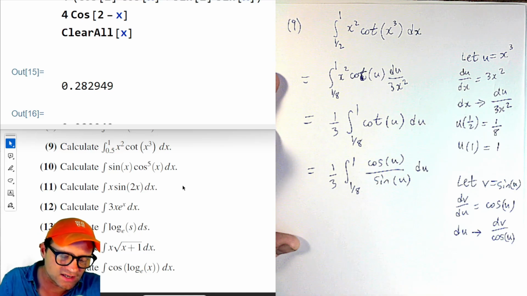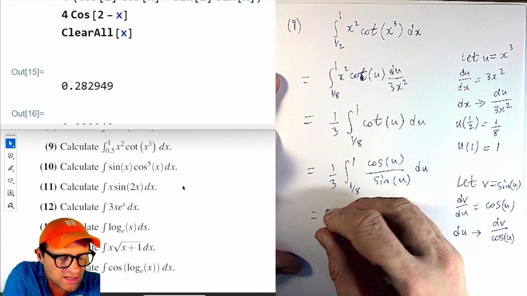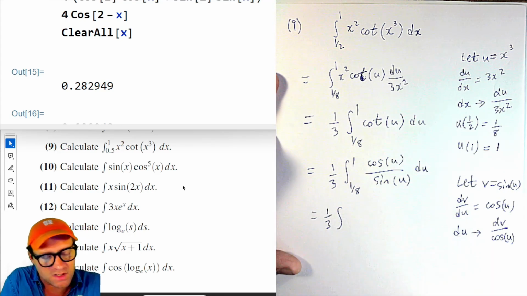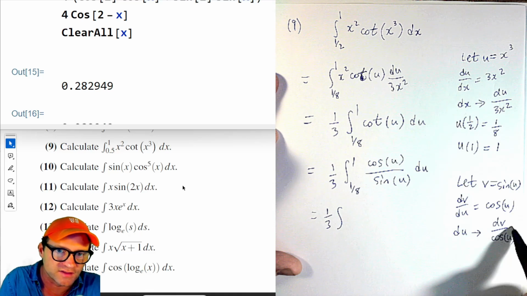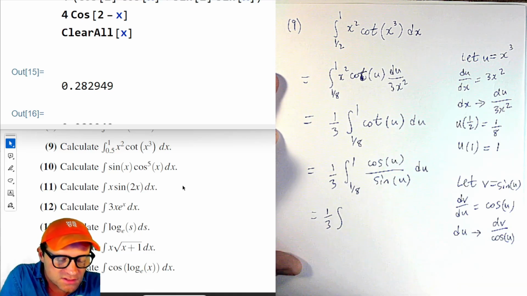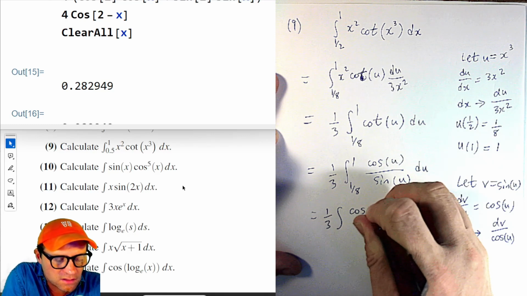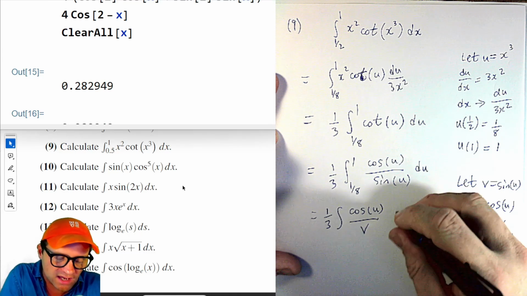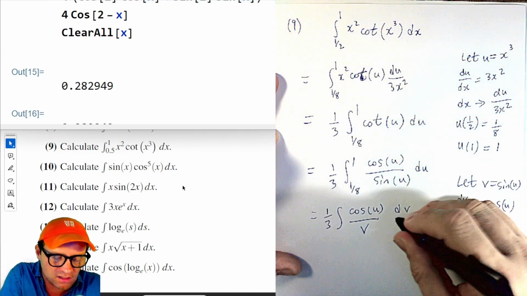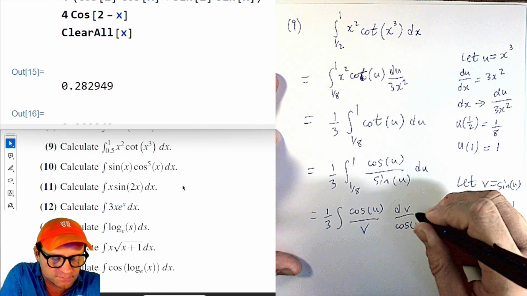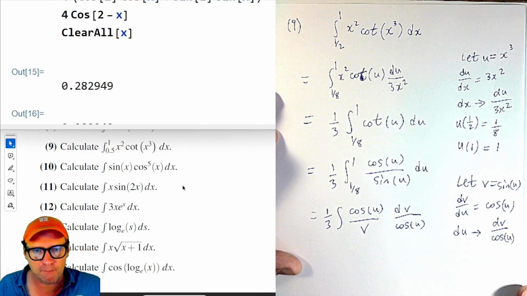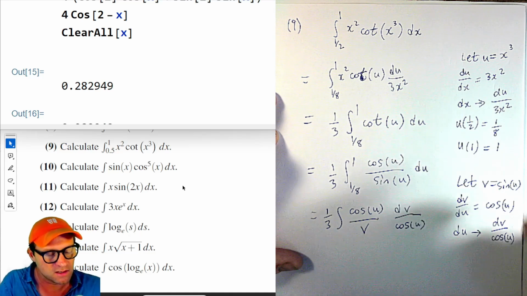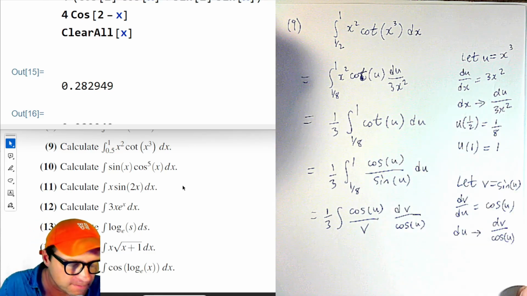So let's go ahead and do this. So we have 1/3, a definite integral. We'll leave the numbers off for now because they're going to change as soon as we have this in terms of dv. So now we have cos of u over v. v was sine of u. And then we have replacing du with dv over cos of u. Okay, magically the cos of u's cancel, which is how we planned for this to go down anyway.